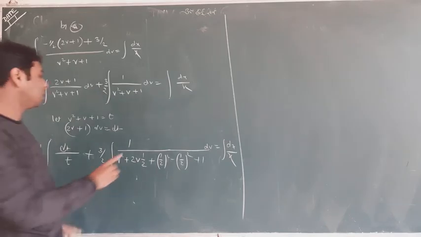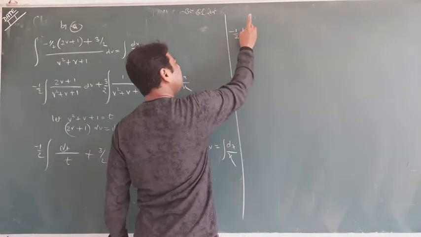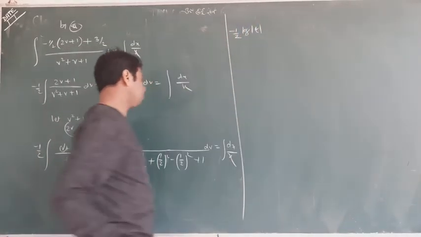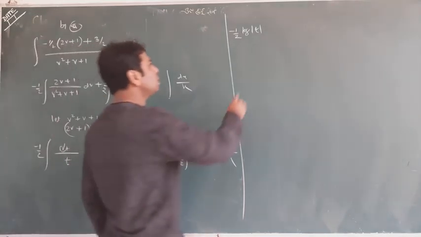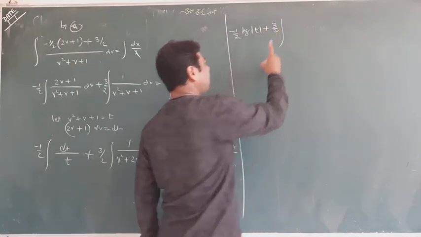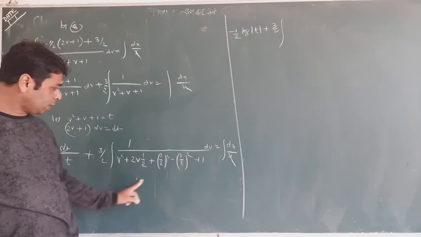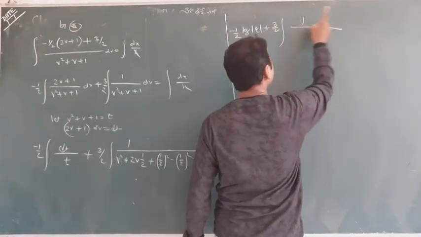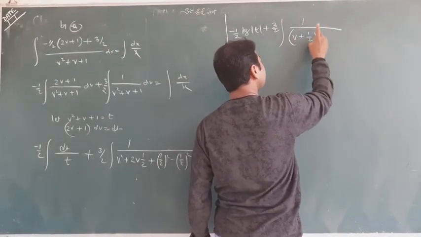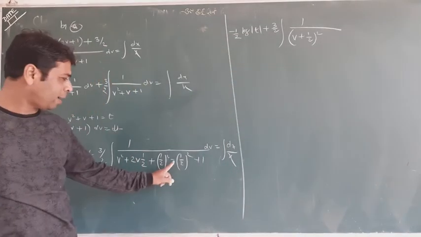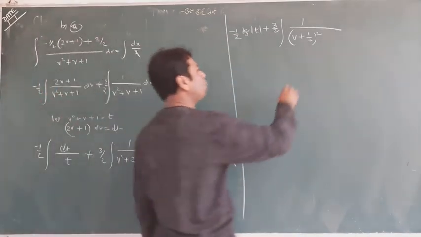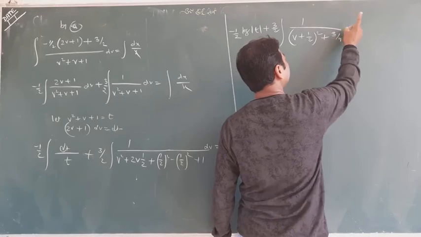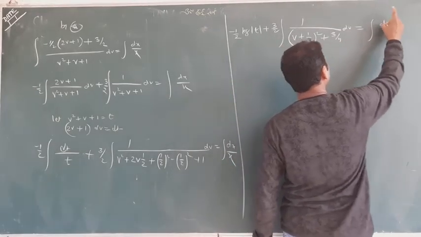Now what about that? Minus 1 by 2 log t, and 3 by 2 is coming outside, and 1 upon this first three terms will be v plus half whole square, a plus b whole square, and minus 1 by 4 and 1 will be 3 by 4, dv equal to dt, dx by x.